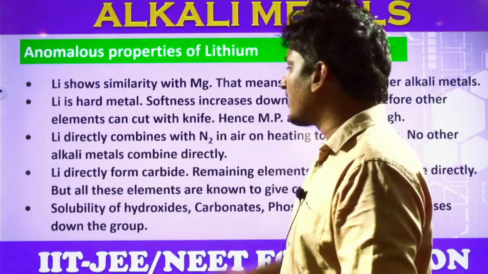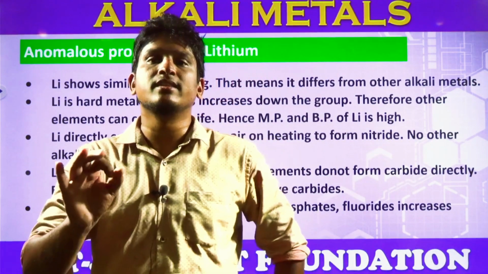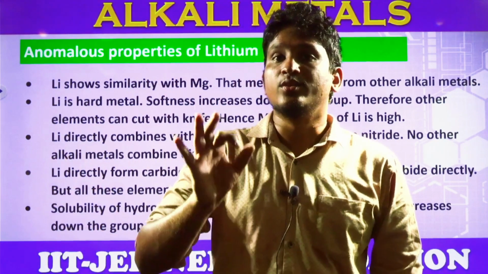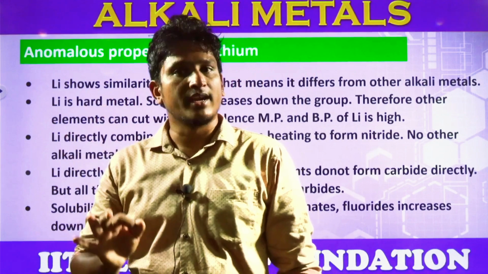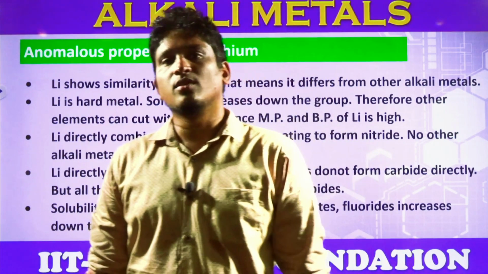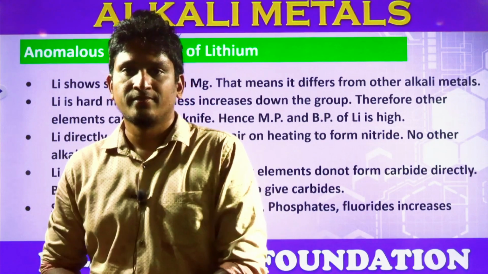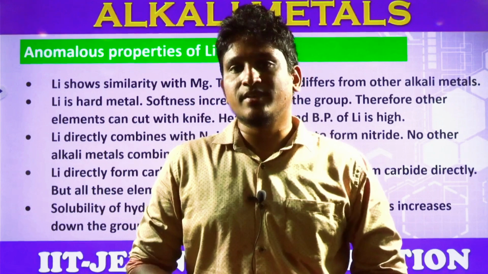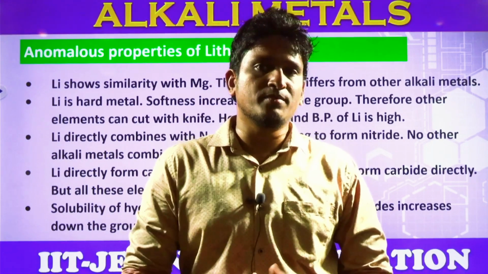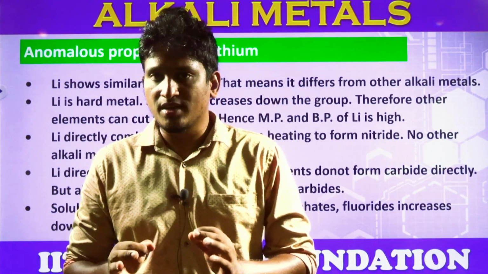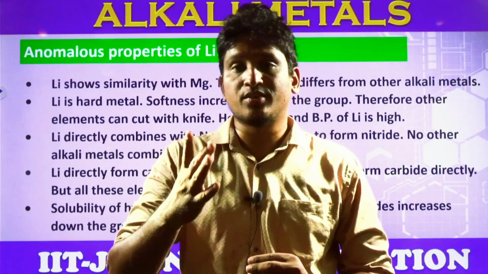Lithium directly combines with nitrogen and forms lithium nitride, while other alkali metals do not form a stable nitride. Yes or no, students? The reason is, lithium is a metal. What is the nature of a metal? It loses electrons. Nitrogen is a non-metal. What is the nature of a non-metal? It will gain electrons, yes or no? But not only gaining electrons, students, non-metals can share electrons also.